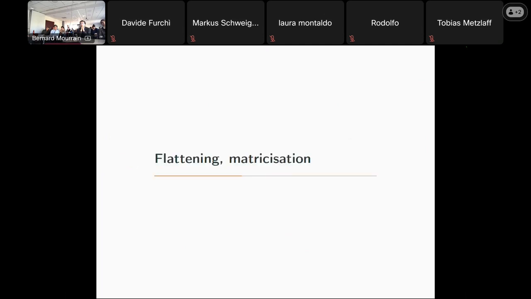And so we go to flattening, or matricization in some literature. It's also called the catalecticant or Hankel matrix or moment matrix. So they're all the same objects.